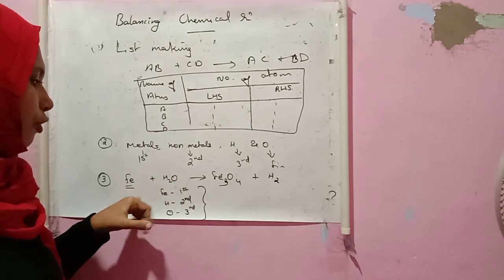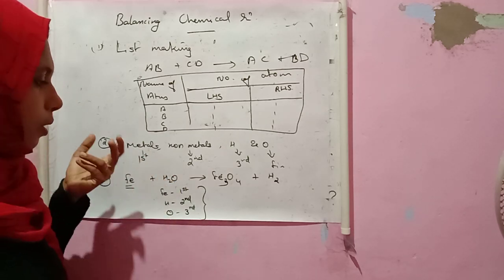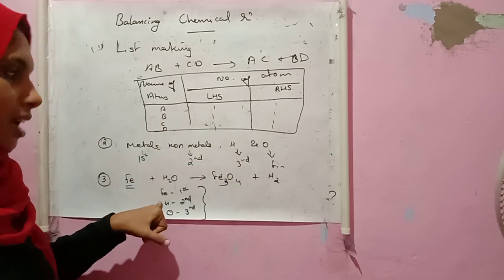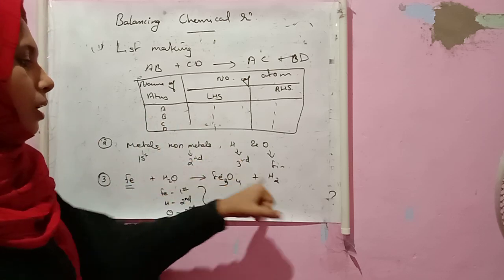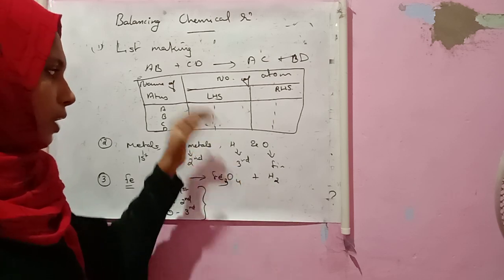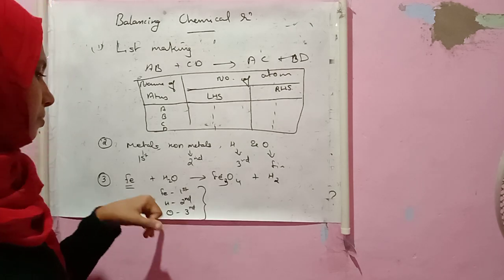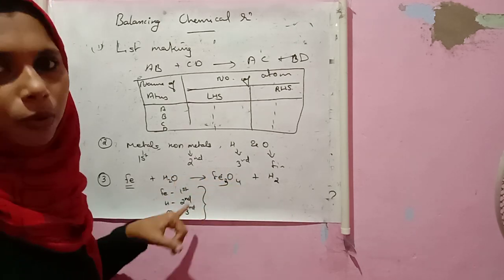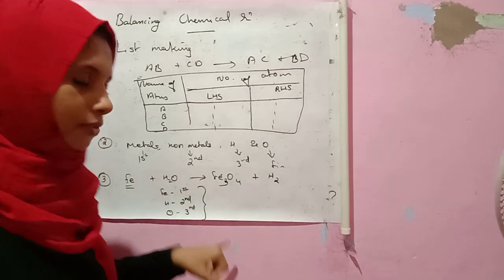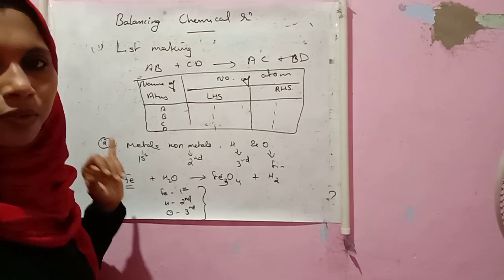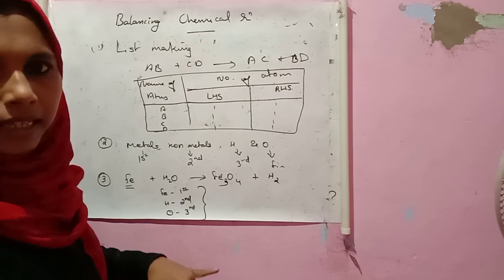Iron is in elemental form on one side, so we skipped it and moved to hydrogen. Hydrogen is also in elemental form on one side, so we skip it again and move to oxygen. Oxygen is in compound form on both sides. So we start our balancing from oxygen.